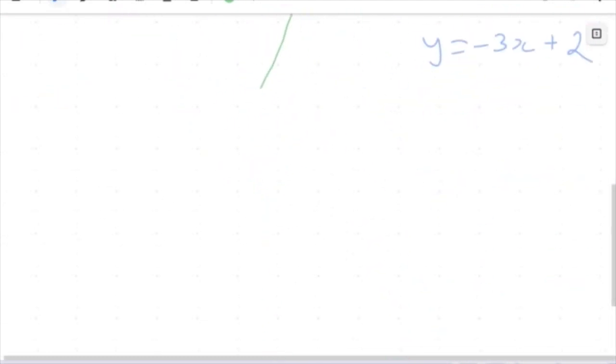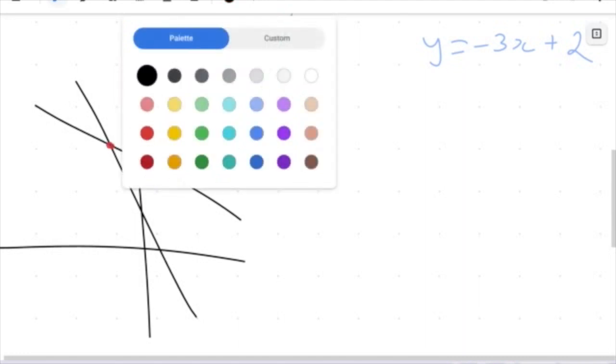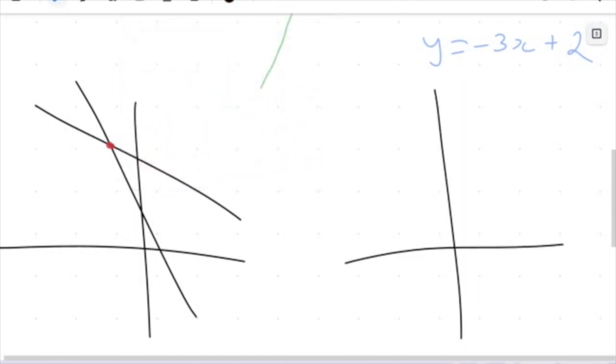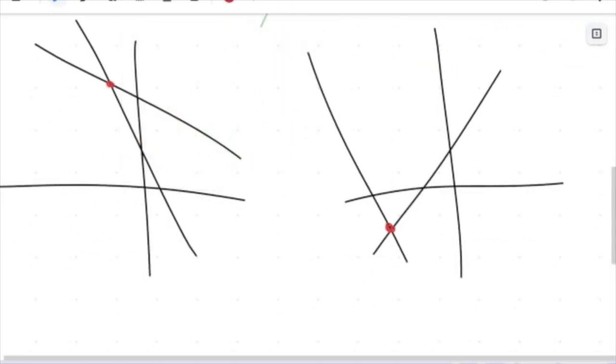No matter how I draw these lines, maybe one going like this, one going like this, they're intersecting at one point here. Whether I do something like this and this, these two lines, because they have different gradients, they are intersecting at one point.